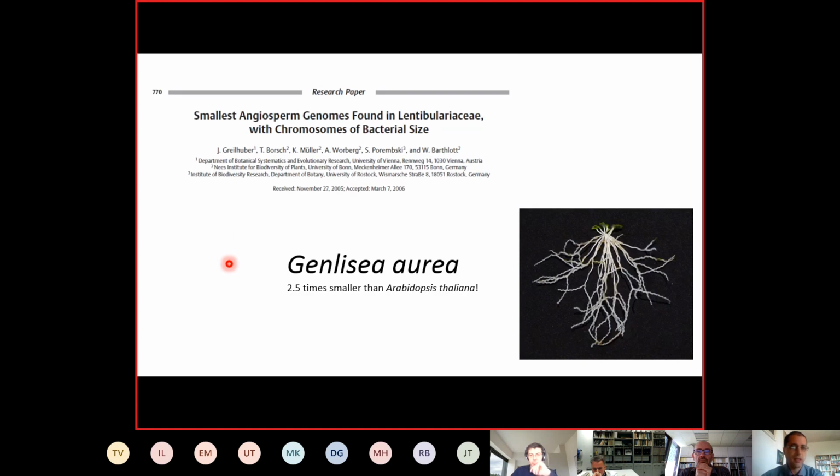But then came the paper from Professor Greilhuber and his colleagues, who analyzed some species from the family Lentibulariaceae and found that Genlisea aurea has a genome 2.5 times smaller than the previously smallest genome in Arabidopsis thaliana.